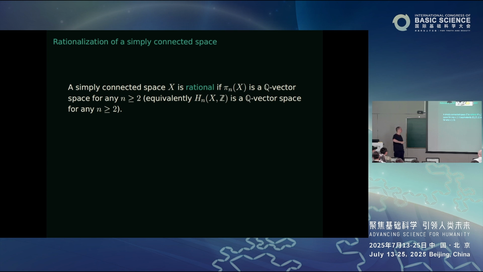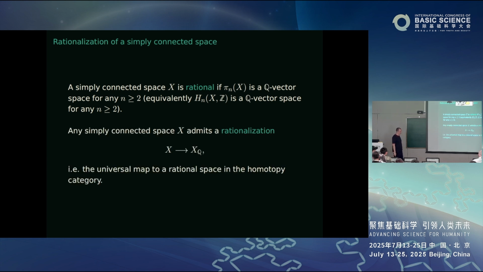And classical rational homotopy theory says that there is a notion of rationalization of a space. If you have a simply connected space, there is always a uniquely defined up to homotopy universal map to a rational space. And you can also say that it is a rational homology equivalence.